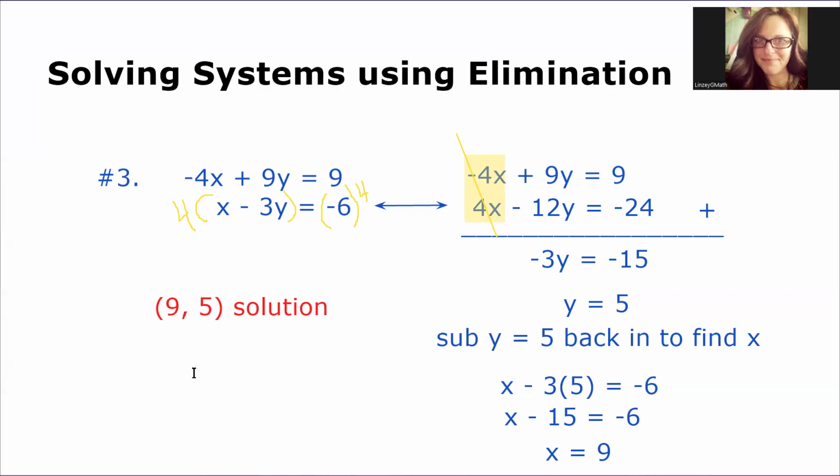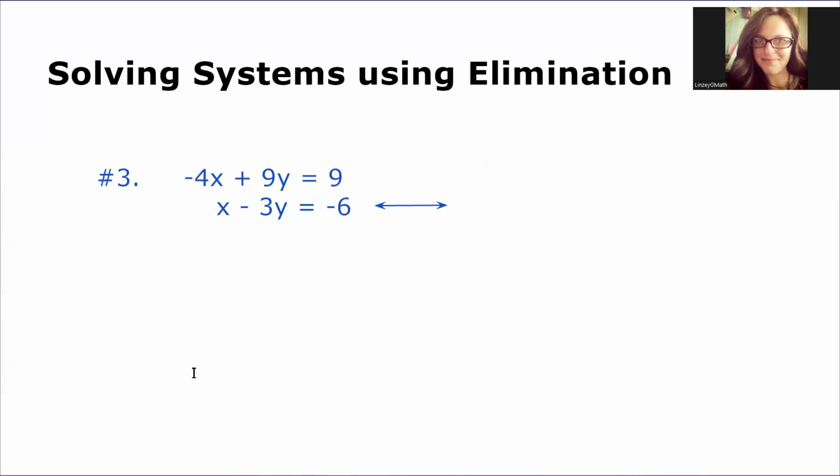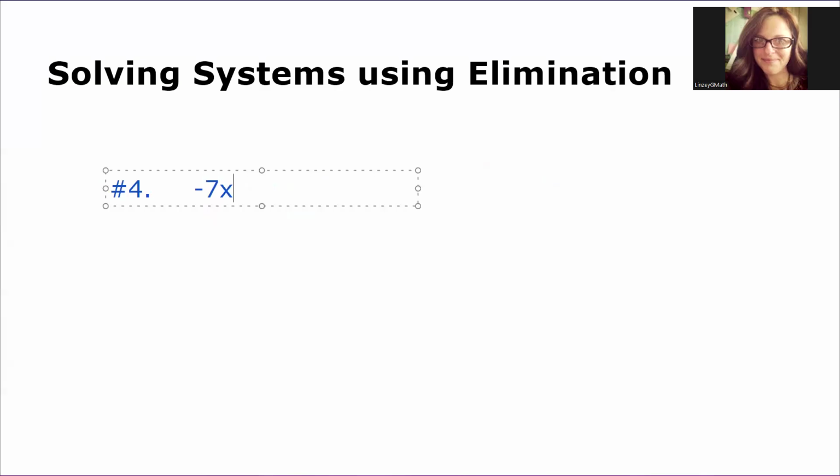Let's do one last example where we have to multiply both equations in order for one of the variables to eliminate. Last example. Let's solve the system of linear equations.